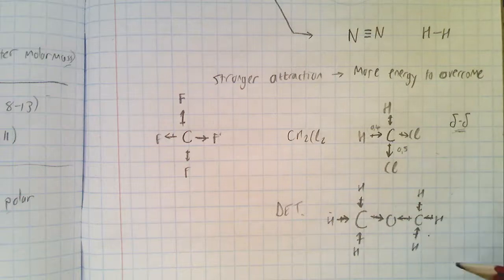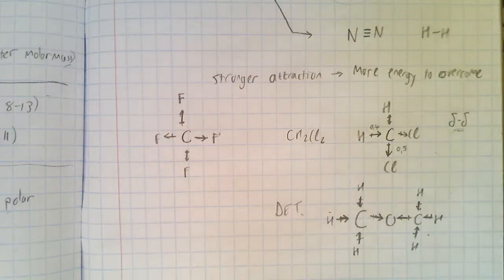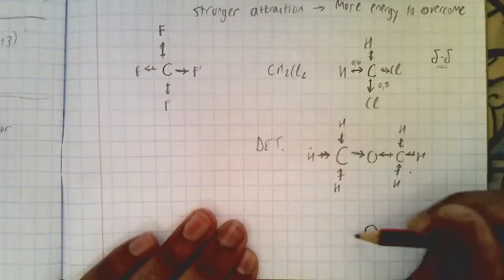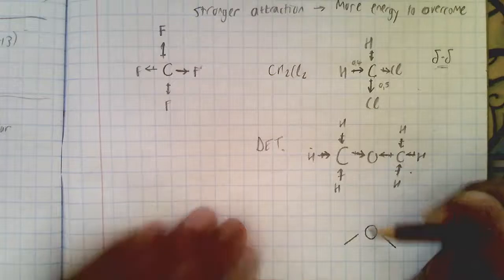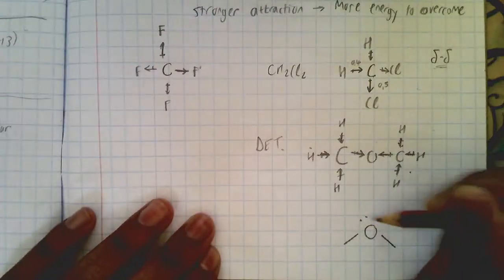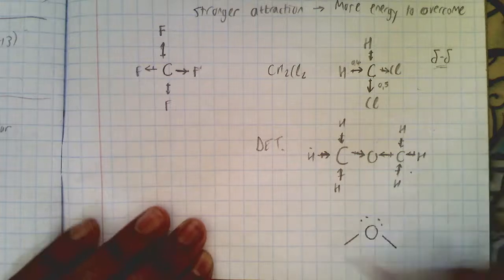And you might be thinking of this. I'm hesitating here. Actually, sorry. Even though it looks like they do cancel each other out, it's a very technical thing. Remember that when I draw water as a bent shape because it has a lone pair, right?